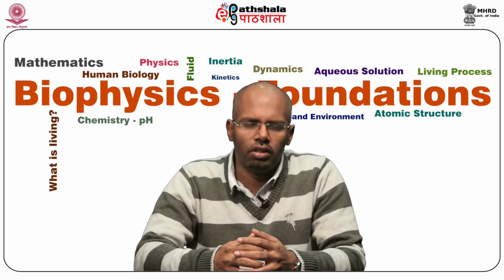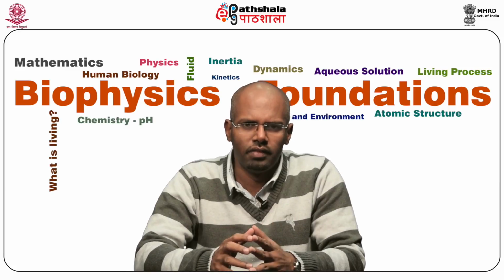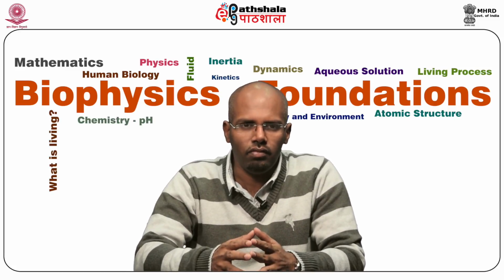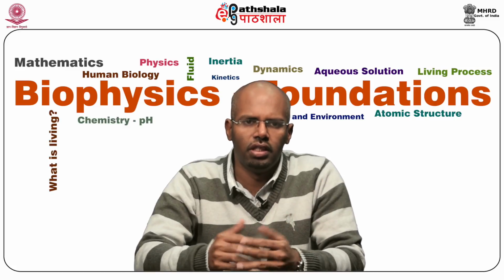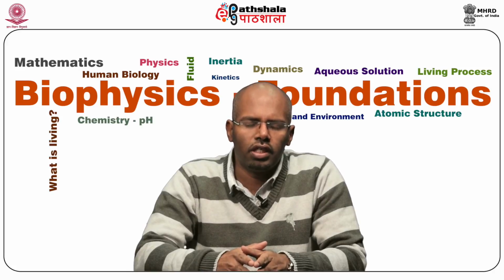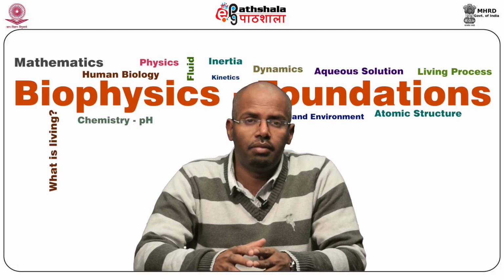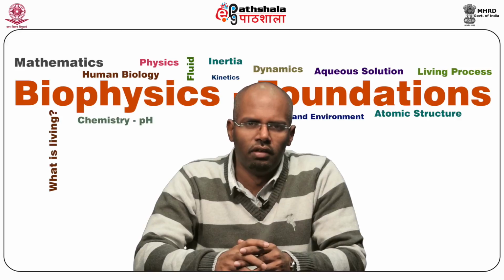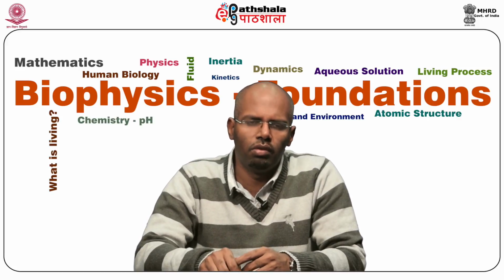So if f of t is a function, then its Fourier transform, the mathematical definition, is going to be represented by a capital F. Let us assume the function is a small f of t.